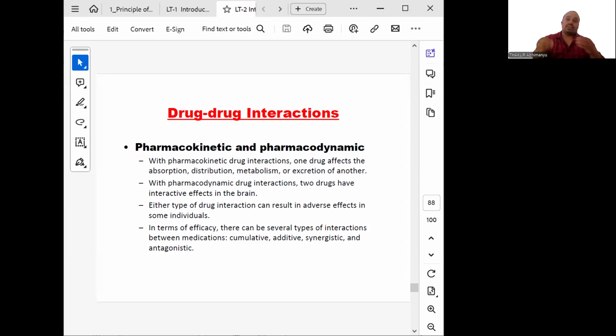These occur when the drugs have an additive, synergistic, or antagonistic effect on the same target or physiological system. In terms of physical or chemical interaction, this can occur when drugs are mixed with each other before administration, and they can potentially alter their effectiveness or safety profile.